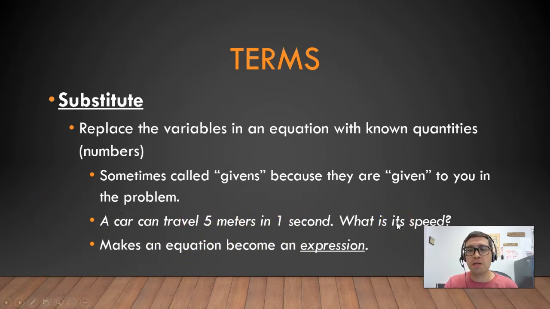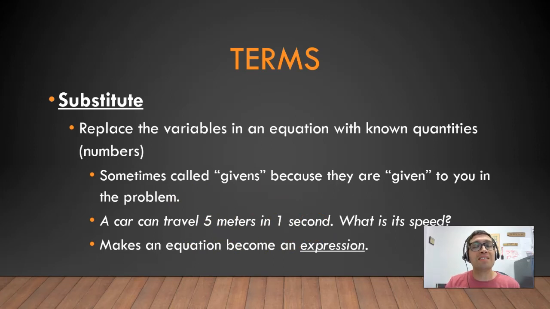What is its speed? Well, in this case, our givens or our known quantities are 5 meters. 5 meters happens to be our distance, which is represented by the variable d. 1 second is our given for time. That's time, which is represented by the variable t. So we have our d, we have our t. Those are our givens and our known quantities.